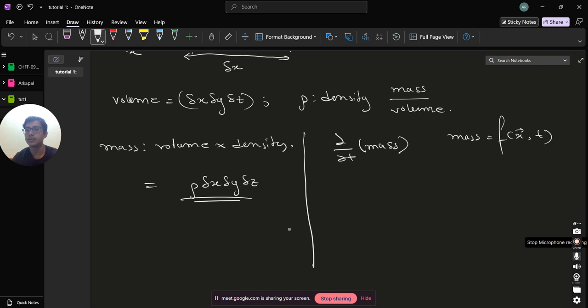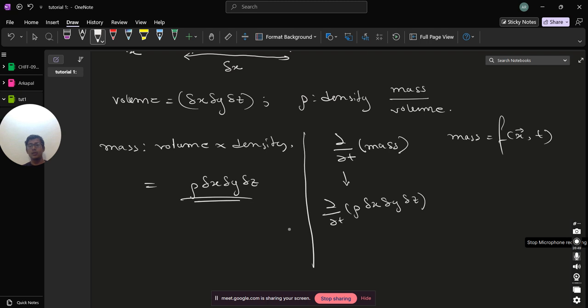A function which is dependent on multiple variables, we cannot write as an ordinary differential. We have to write it as a partial differential. So this comes out to be delta x delta y and delta z.